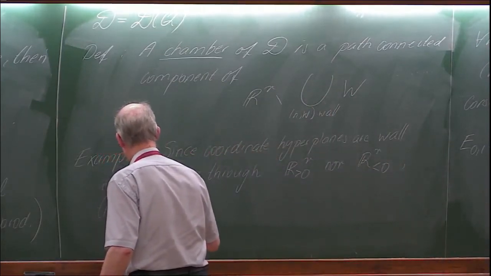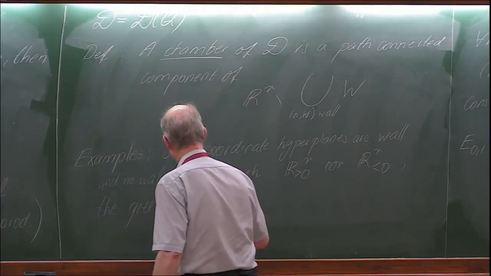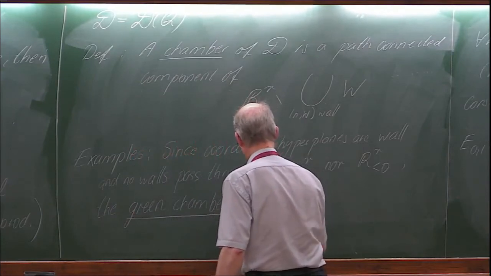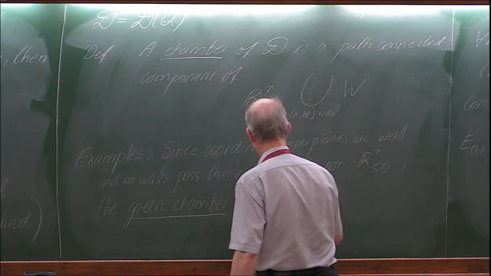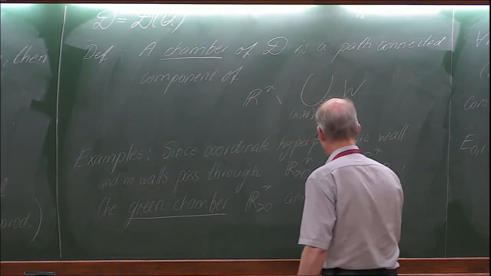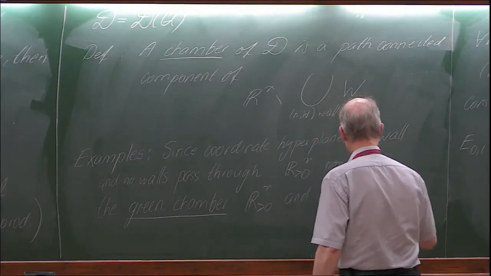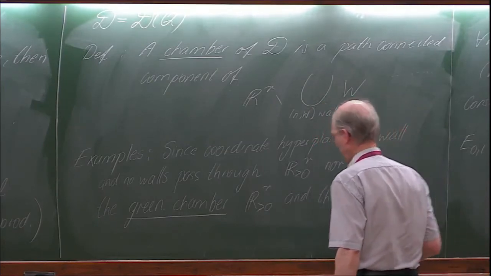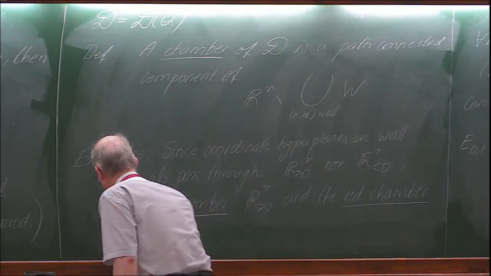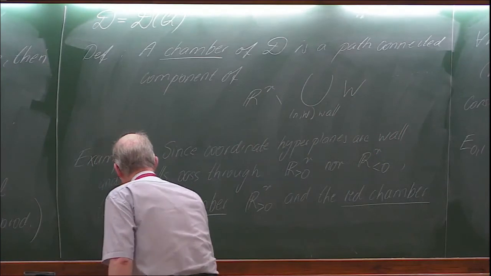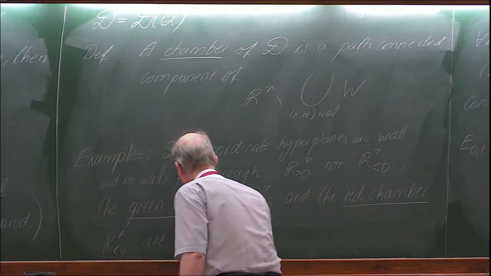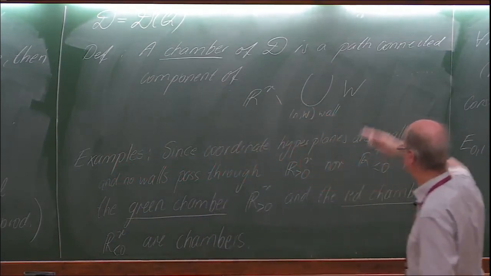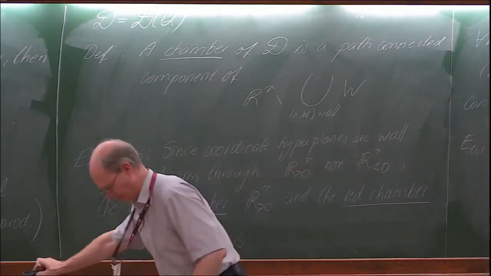Green chamber, that's the initial chamber: the strictly positive orthant. And the red chamber: the entirely negative orthant. These are chambers, limited by walls, and no walls pass through them.